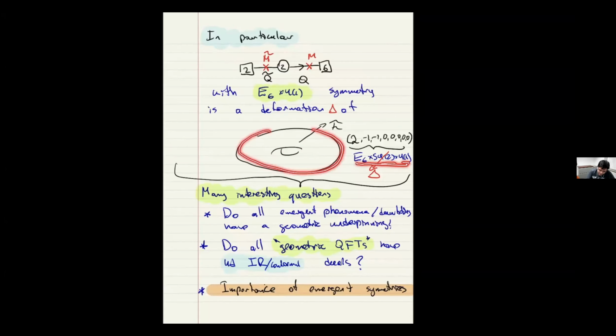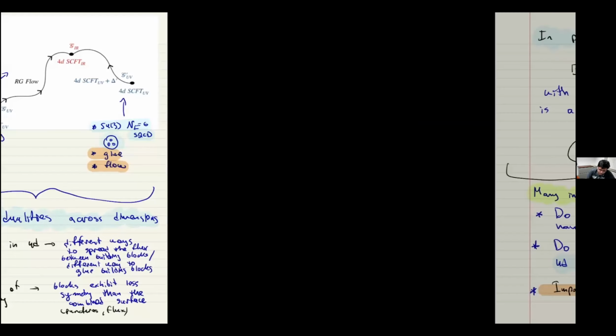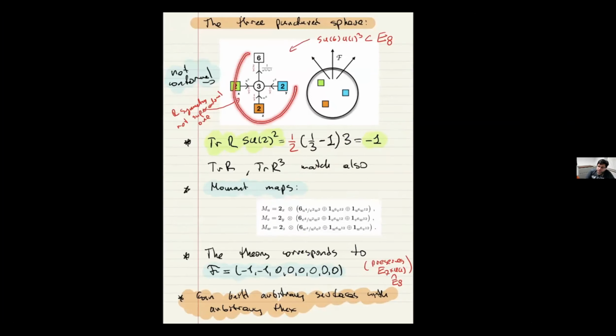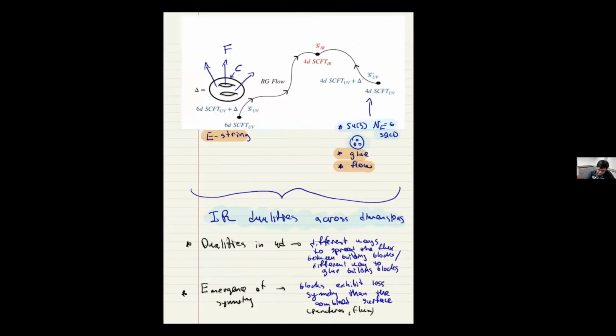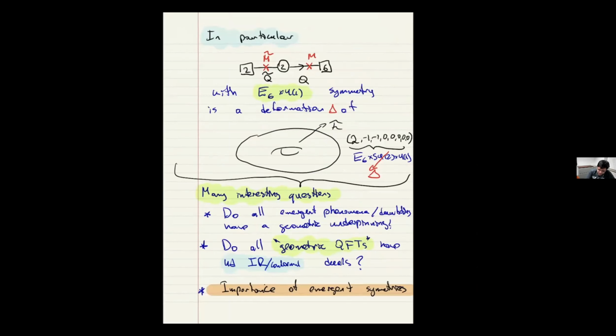In fact, this particular theory, we discussed with Hee-Cheol and friends already 3 years ago in a completely different construction, but you can also obtain it from these building blocks. And then if you deform the theory that you obtain on this compactification with some relevant deformation, which breaks only this SU(2) and not E6, this is exactly the theory you would obtain.